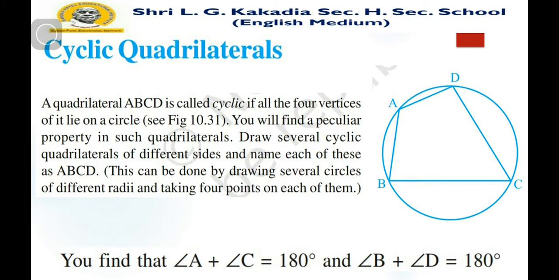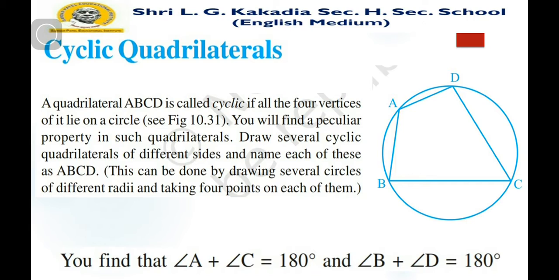So you will find this property in a cyclic quadrilateral, that if you take the sum of opposite angles, then it is equal to 180 degrees. So both are supplementary angles.